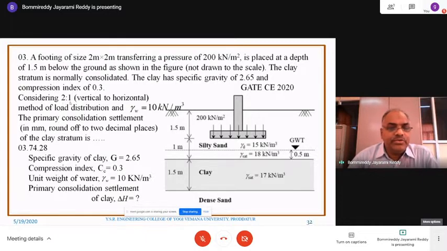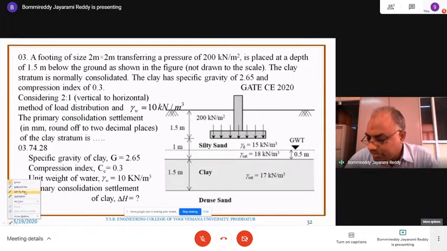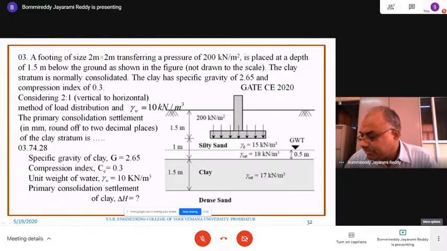Considering the 2:1 vertical to horizontal method of load distribution, what is going to happen here is the load is going to disperse like this, 2 vertical and 1 horizontal.